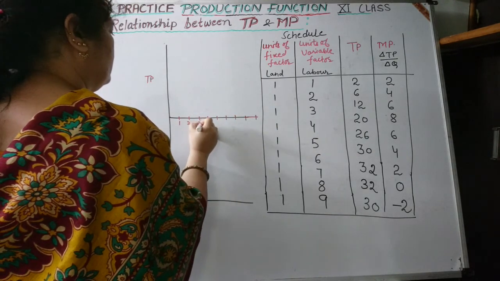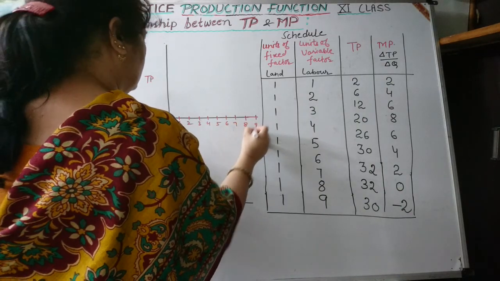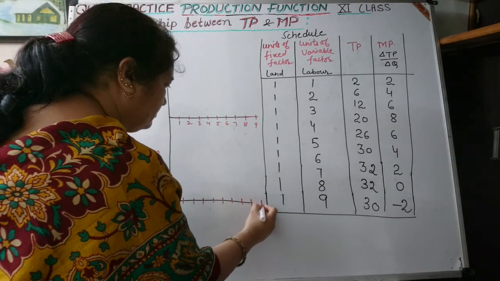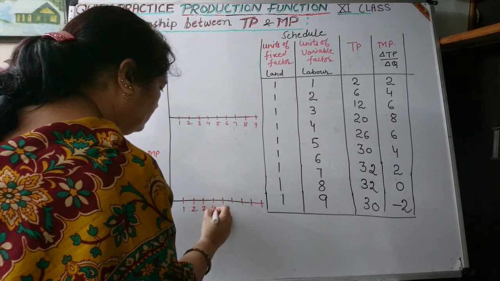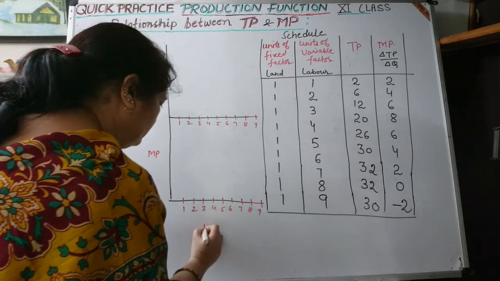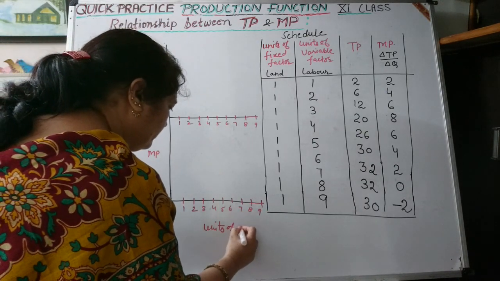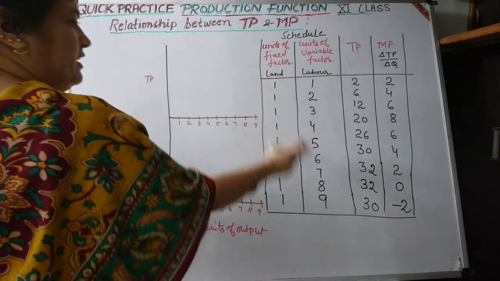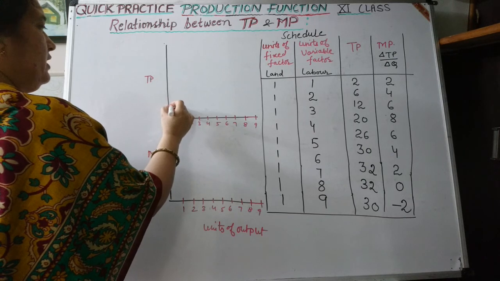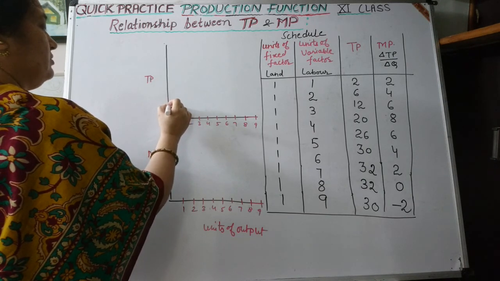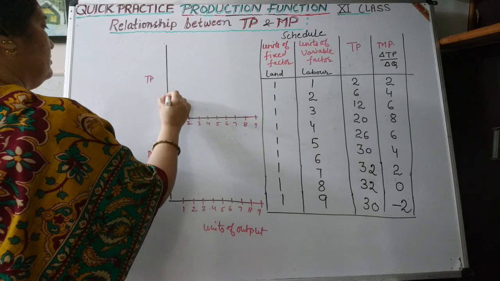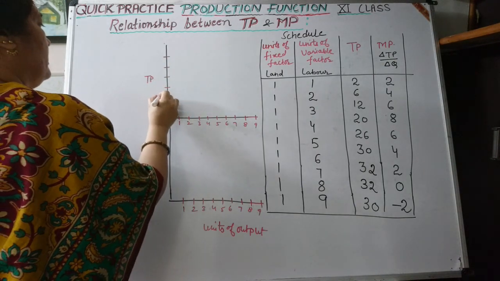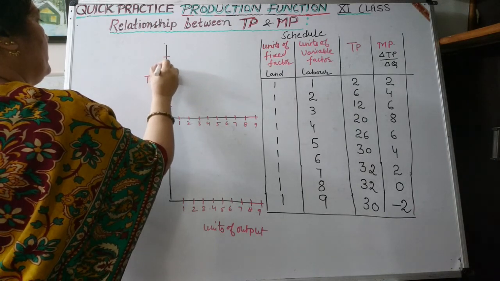9 units of output. Let us take the data of total production up to 30: 5, 10, 15, 20, 25, 30.